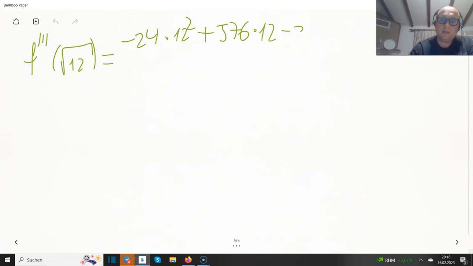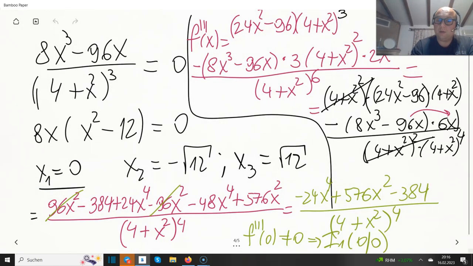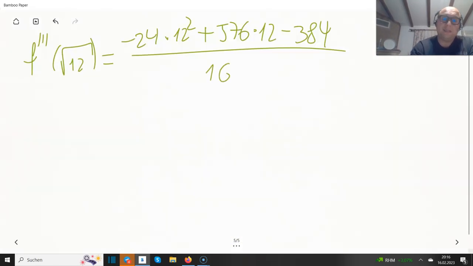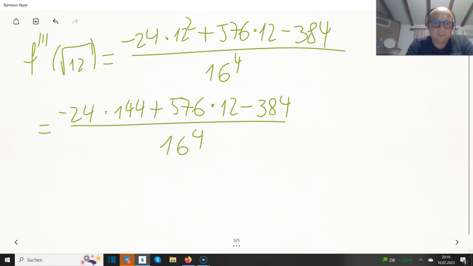I am right. Divided over 4 plus x squared, I think, to the power of 4. Yeah. So basically 16 to the power of 4, which makes no difference. All right. So minus 24 times 144 plus 576 times 12 minus 384 divided by some huge positive number.